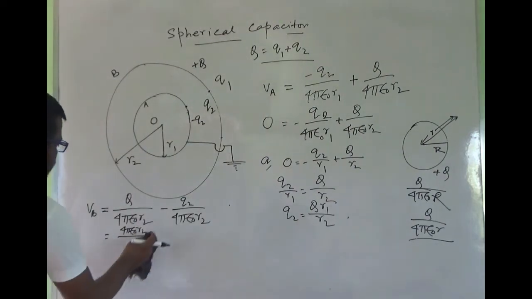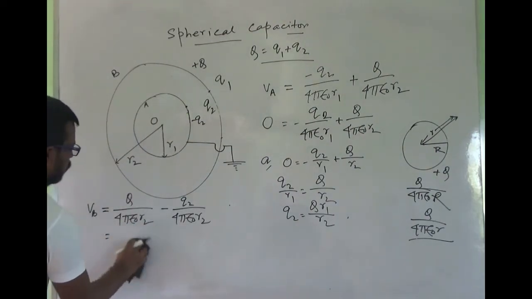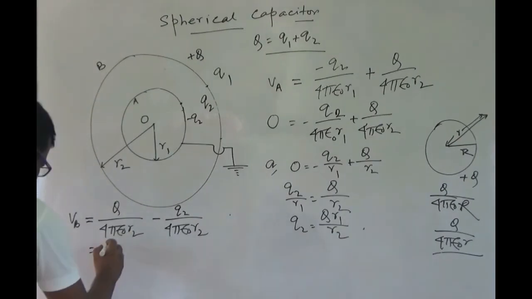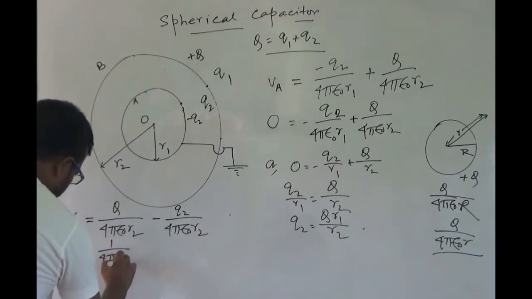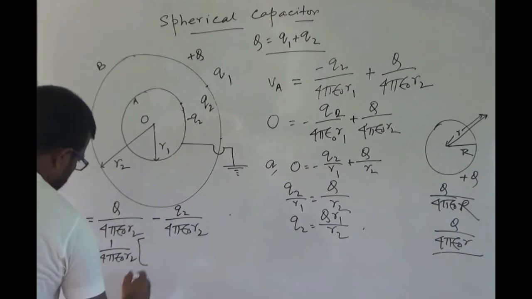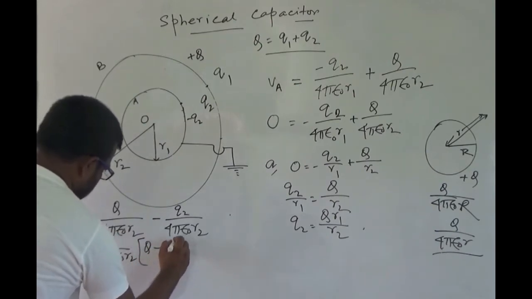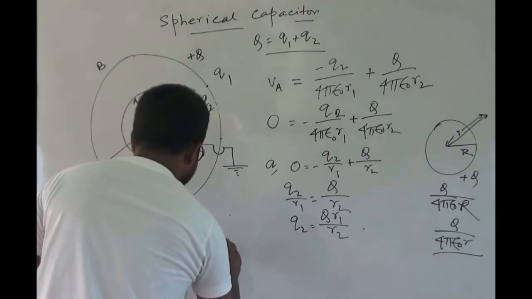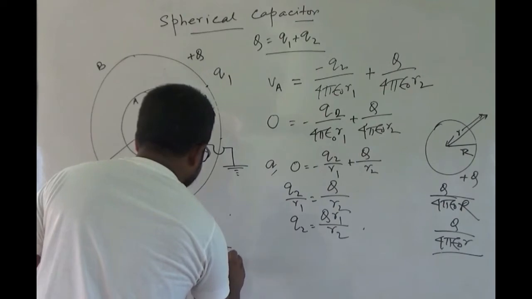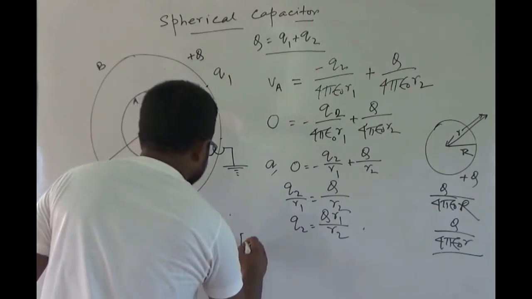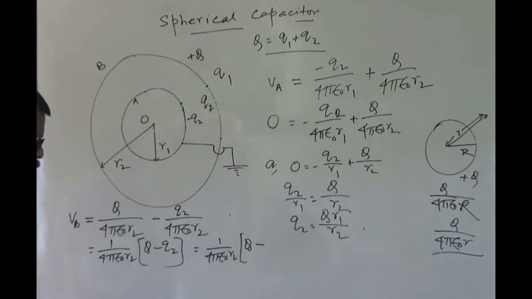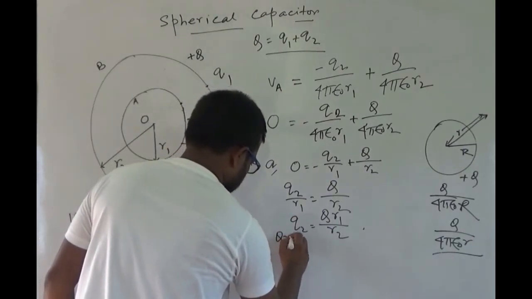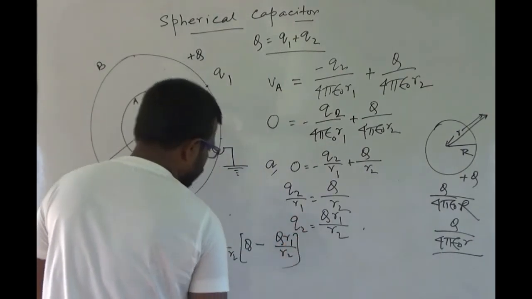Then we can write, taking out 1 by 4 pi epsilon naught R2, capital Q minus small q2, right? Or we can say 1 by 4 pi epsilon naught R2 times capital Q minus Q R1 by R2.